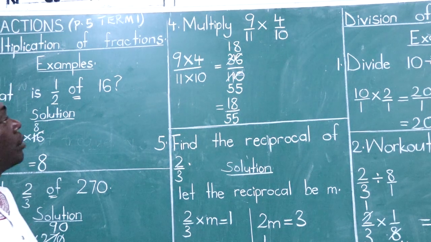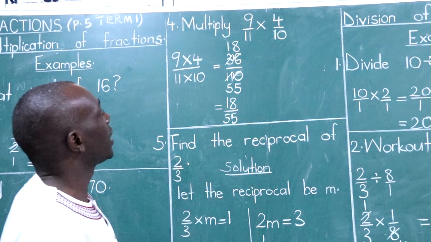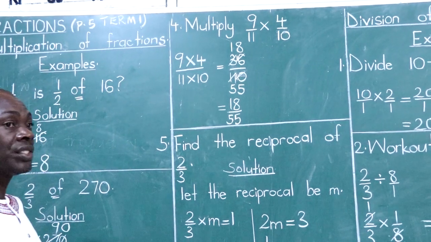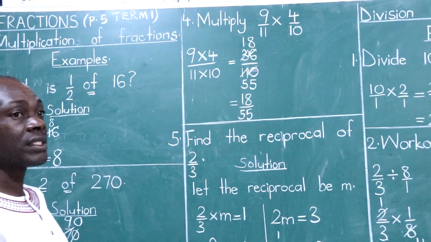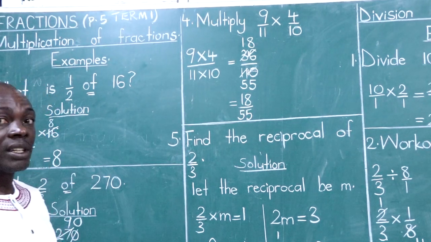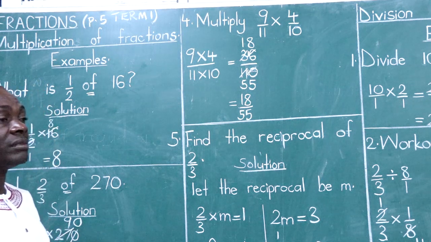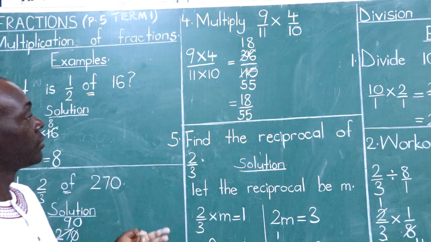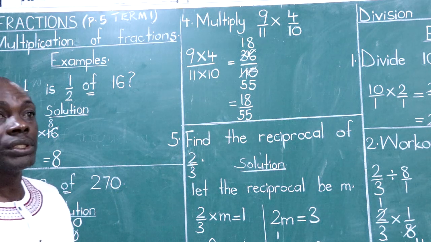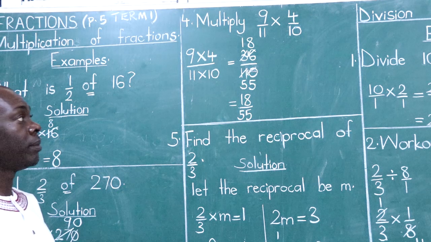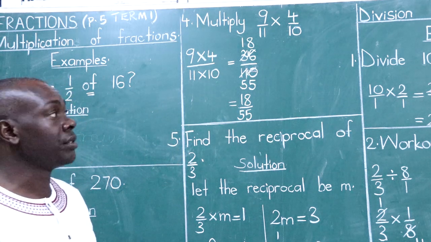And now you look at your answer, which is 36 out of 110, and see whether it is reducible further. All fractions must be reduced, apart from 4 kinds of fractions, that is square, square root, reciprocal, and probability. Those 4 kinds of fractions must never be reduced.